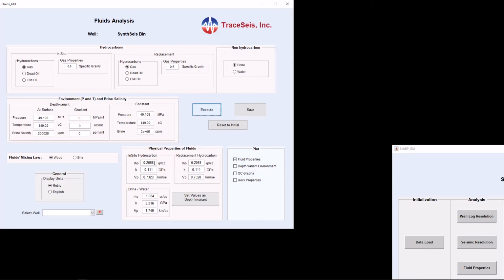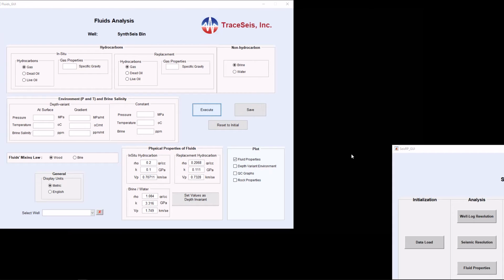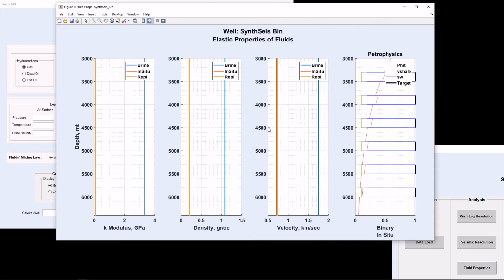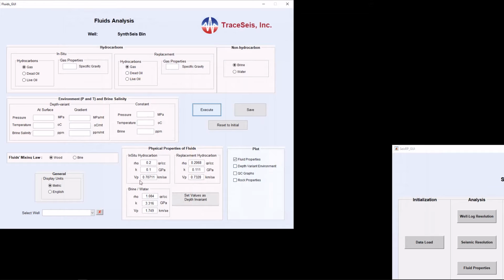Let's say that we have lab measurements and we want to use those instead of those computed with the depth variant parameters. You can type here 0.2 or 0.1, and now we can look at the fluid properties, and these are now the properties that were typed in this table.